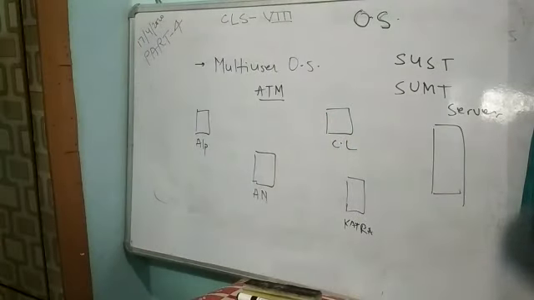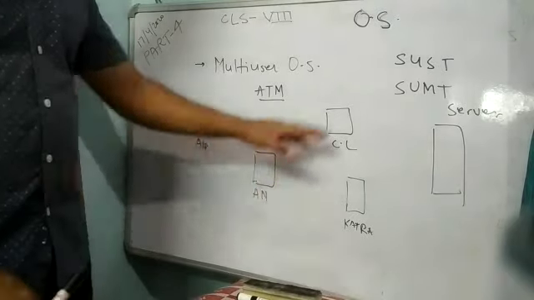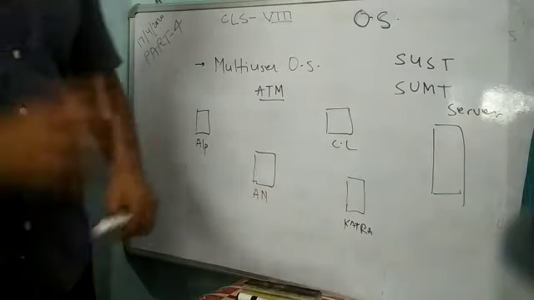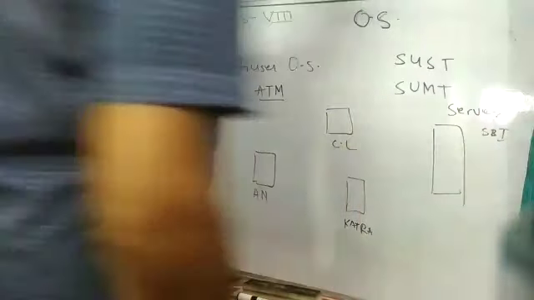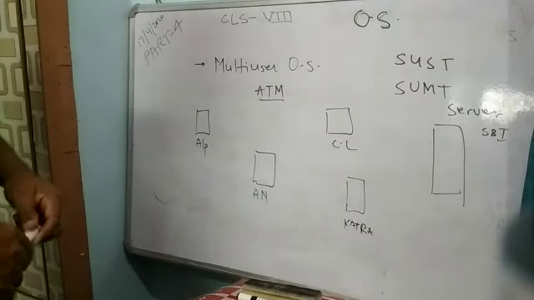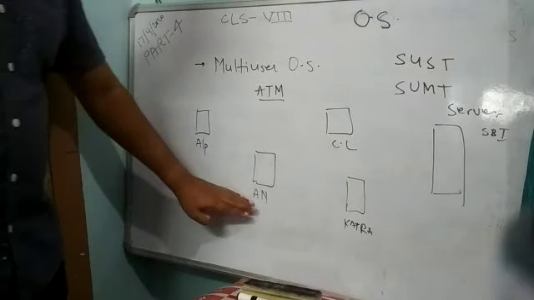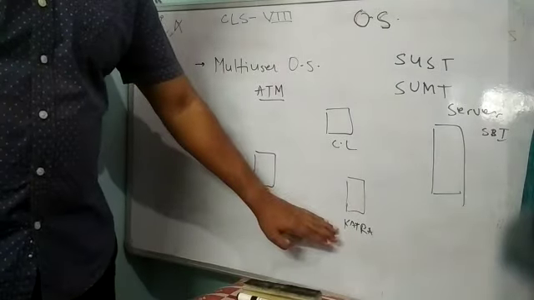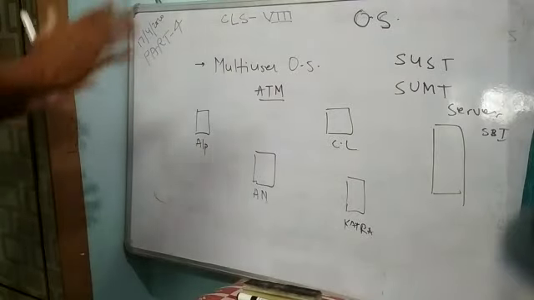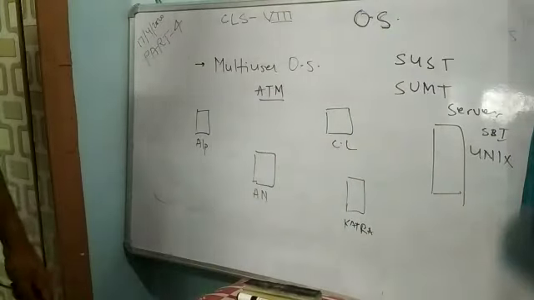Let's take an example of ATM machines. Suppose these are the ATM machines of a common bank, SBI. SBI has located its ATMs at different places in your city: Allapur, Ashoknagar, Civil Lines and Katra. Now, a single machine, a single operating system, Unix or Linux, powerful operating systems.